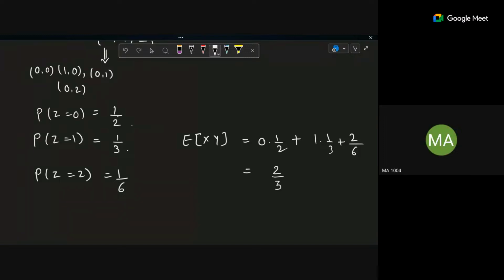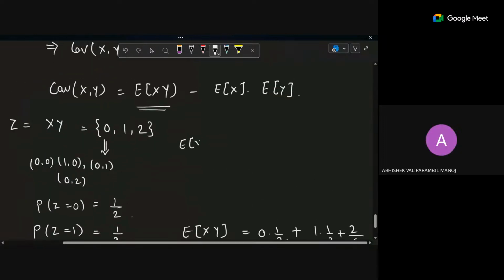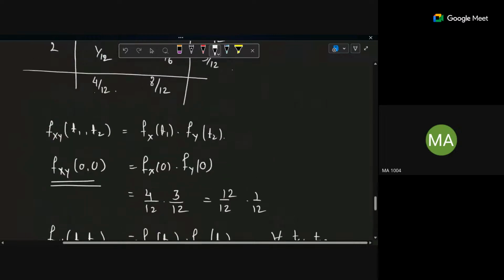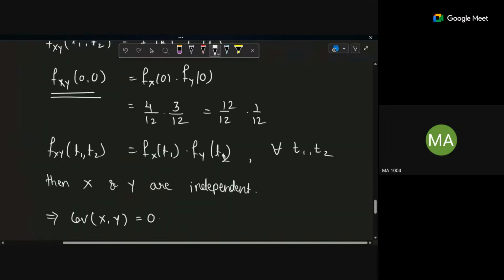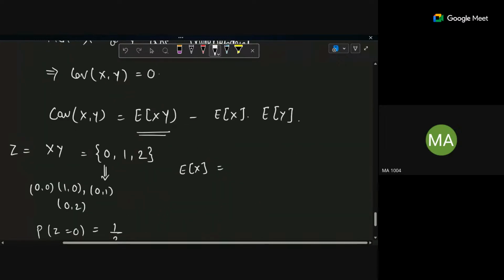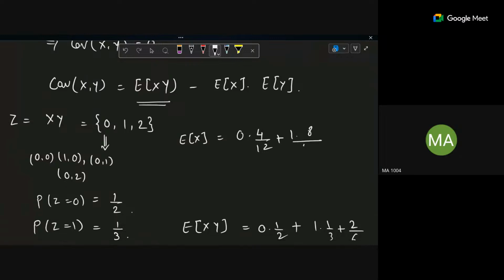Okay. What will be the expectation of X? Your X is taking values 0 and 1, right? So 0 into 4 by 12 plus 1 into 8 by 12, right? Fine.